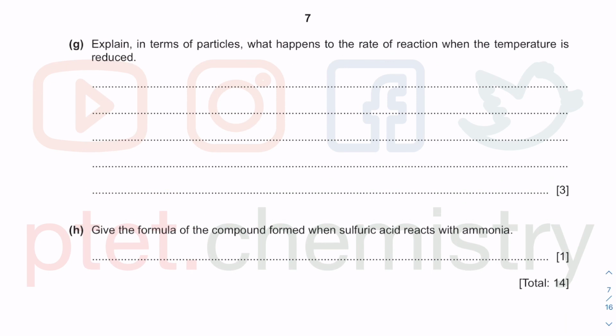In part G, explain in terms of particles. So we must talk about the particles, collision theory, because this is about rate of reaction. But not just collision theory on its own for rate. This is also to do with kinetic particle theory, which is to do with temperature as well as what happened to the particles.